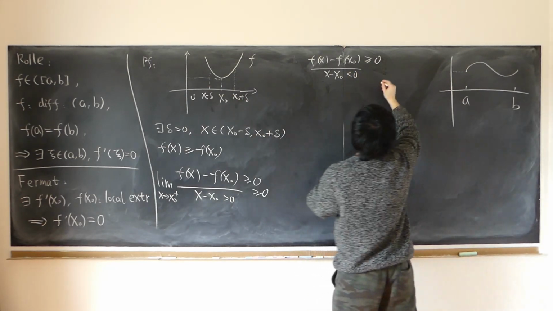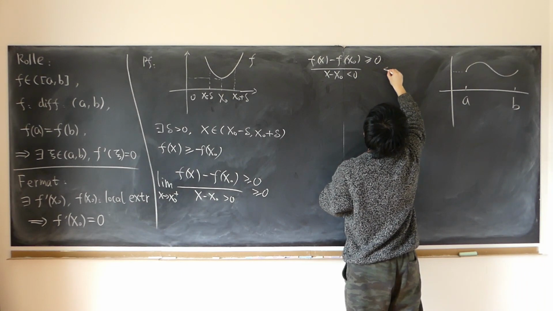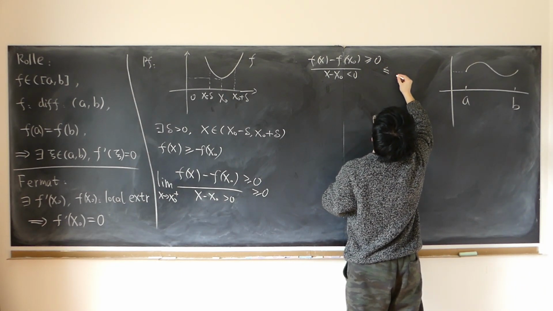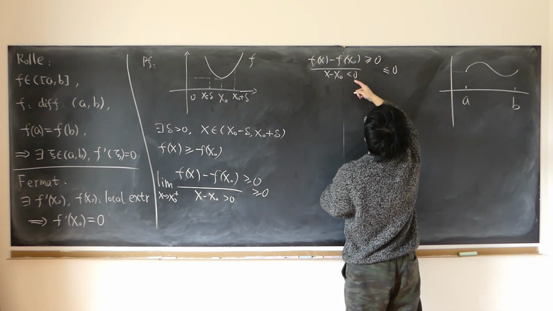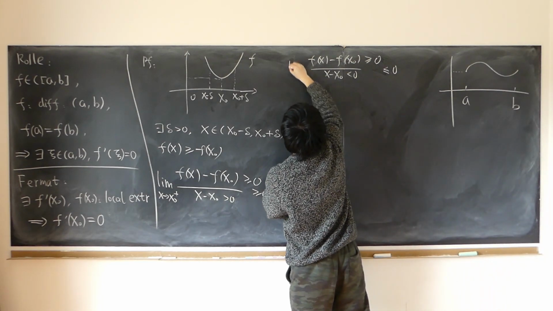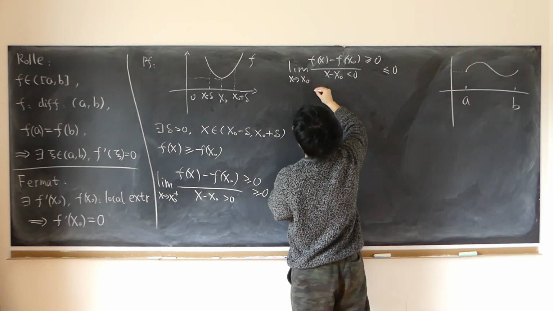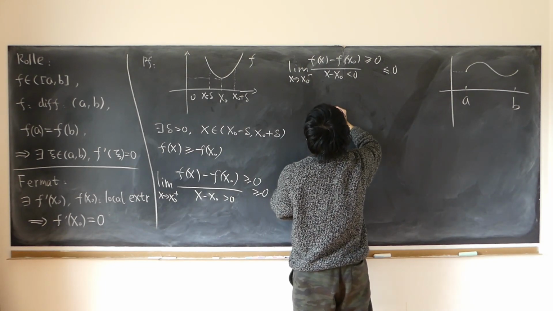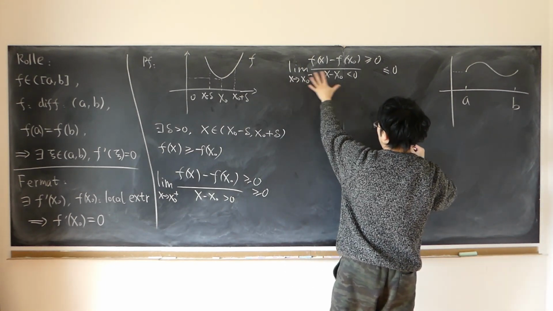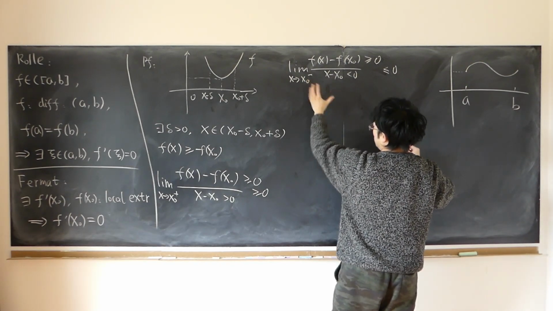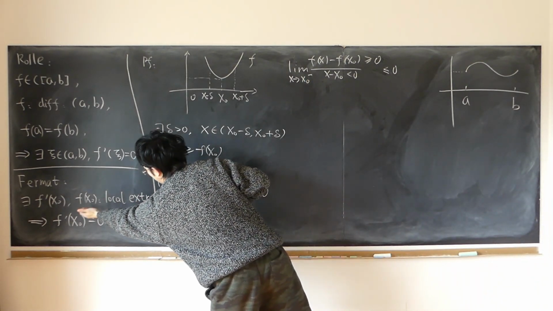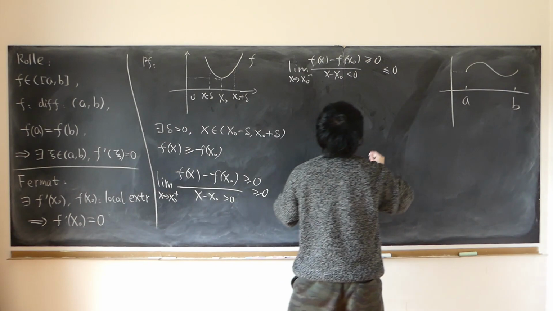So the whole thing has to be less than or equal to 0, positive over negative. If we let x approach x0 from the left-hand side, for the same reason, the left-hand side derivative exists because the derivative is given to exist.